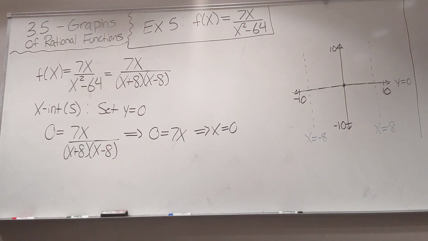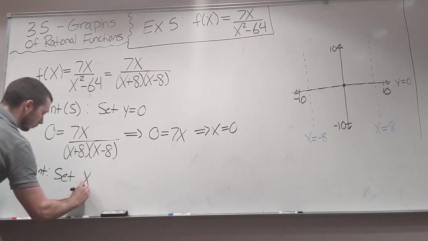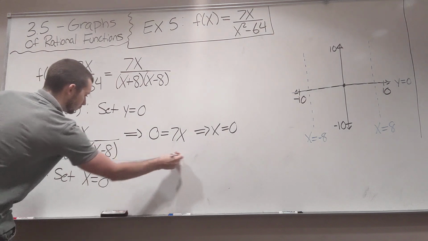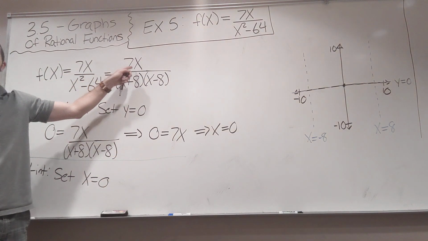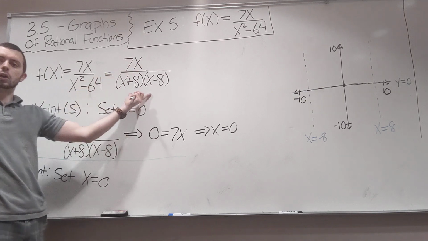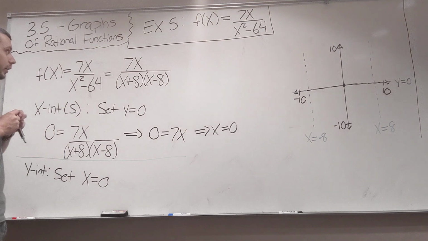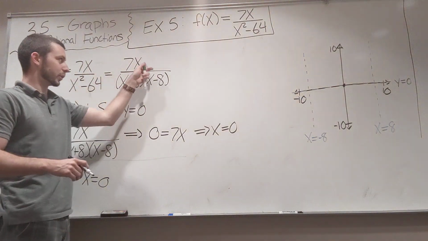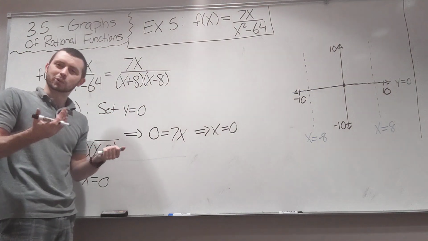And so additionally, the y-intercept, we set x equal to 0. So when we set x equal to 0, we get 7 times 0 divided by, well, it doesn't really matter. What does matter is the fact that 7 times 0 is 0, and we have 0 divided by stuff.